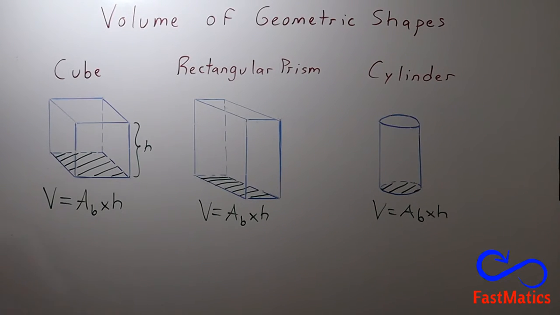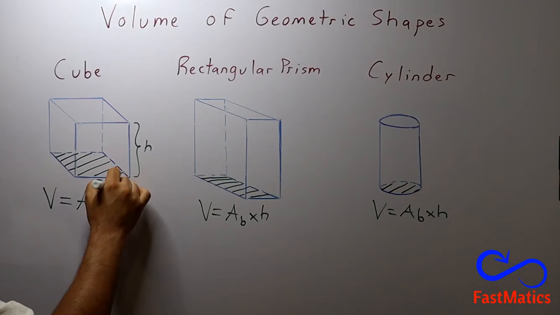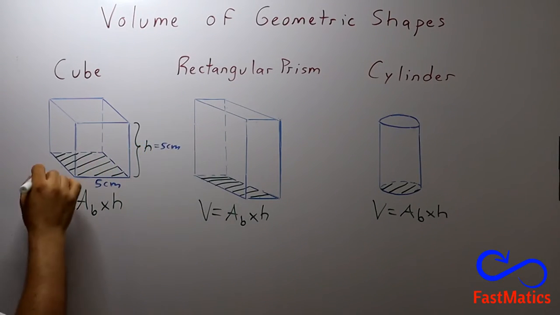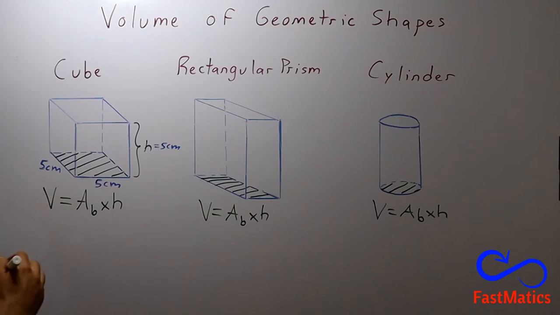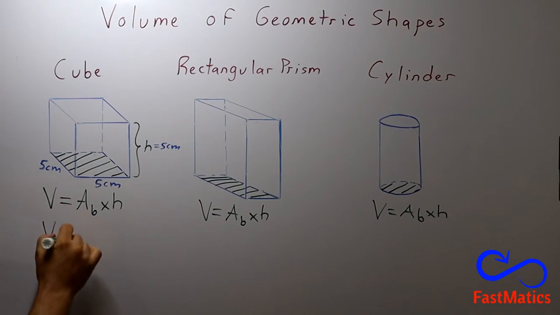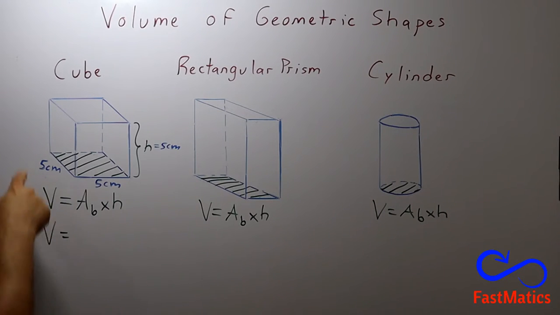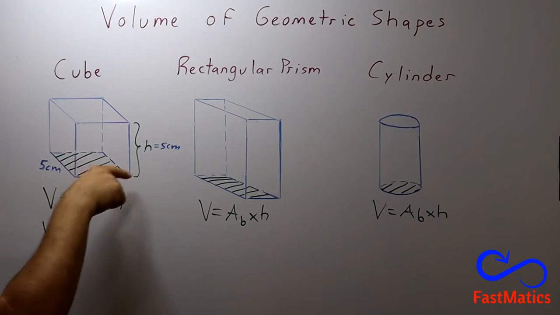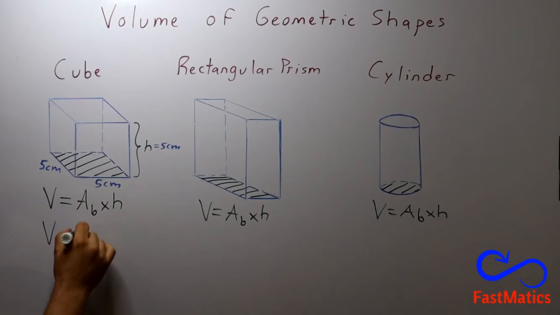So, for instance, if you have here 5 centimeters, you will have here 5 centimeters, and here 5 centimeters, because it is a cube, and the sides of a cube are all the same. Then the volume will be, if we replace the numbers there, the area of the base is a square, and the area of a square is the length times the length.